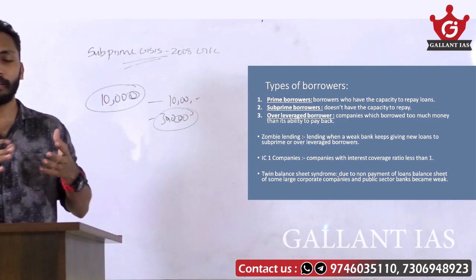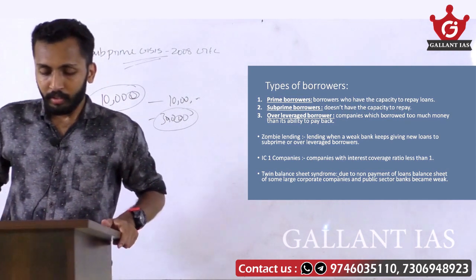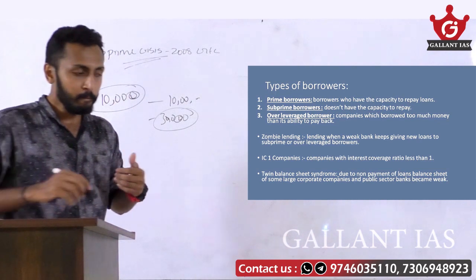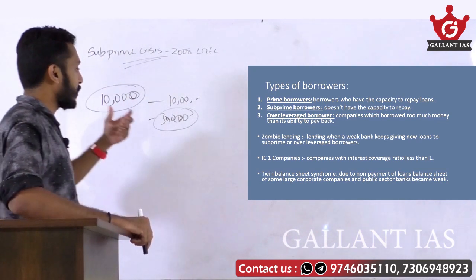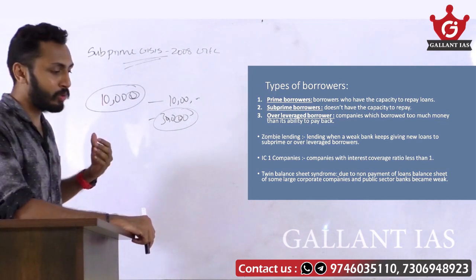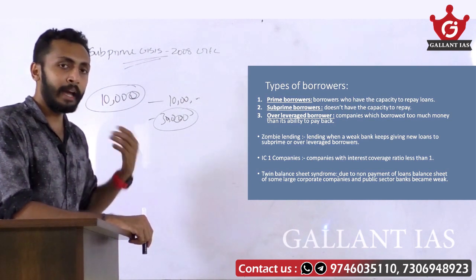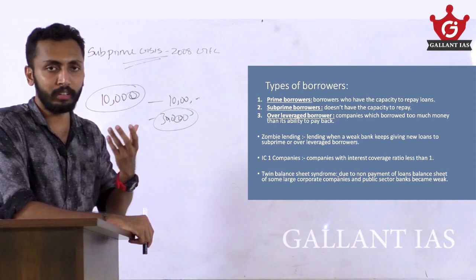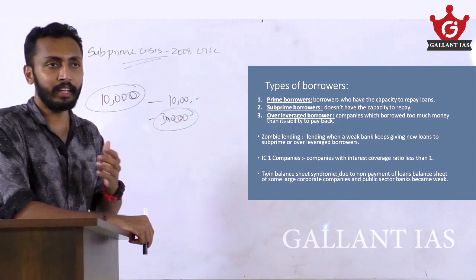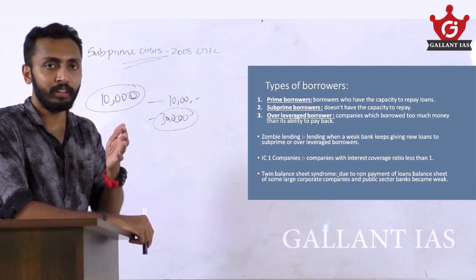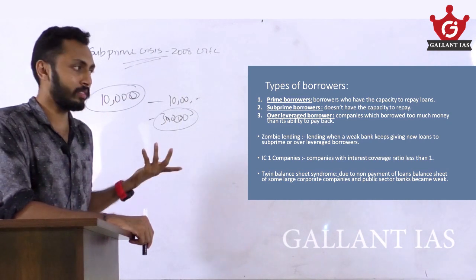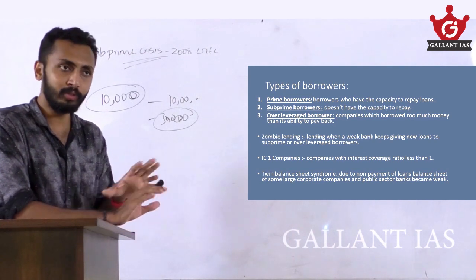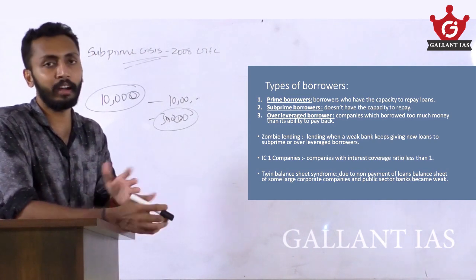Without prudent checking of the forms and certificates needed to take a loan, banks started to give loans without proper collateral. Then these loans went unpaid because they were given to subprime borrowers who didn't have the capacity.